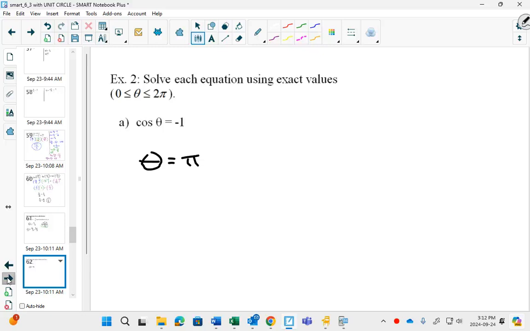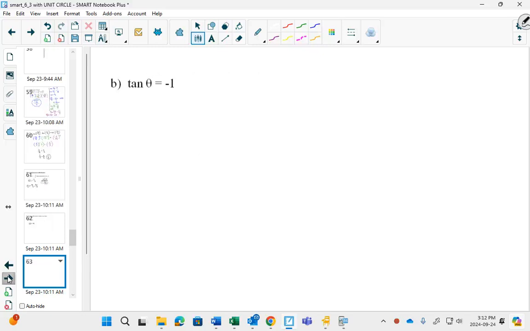Sometimes you might have to do a little bit of work. Tan of theta is -1. Is tan ever 1 on your pi plate? And if you think about quadrant 1, that'll tell you the family. Family is pi over 4. Where would we be looking?